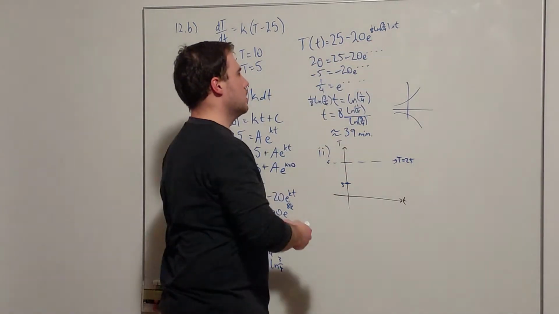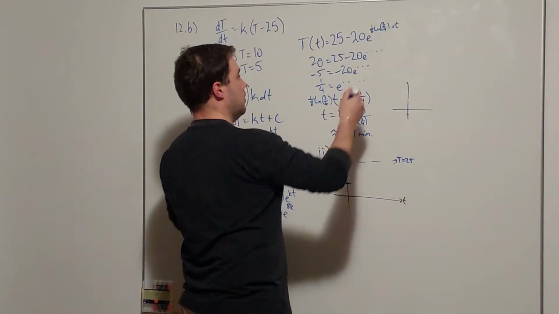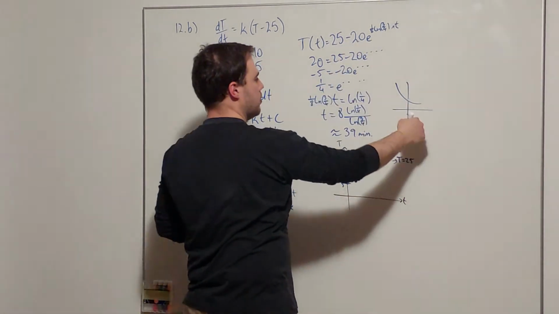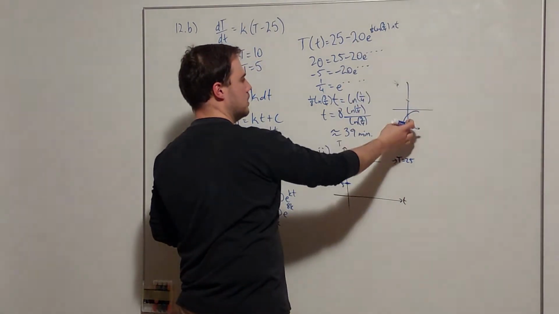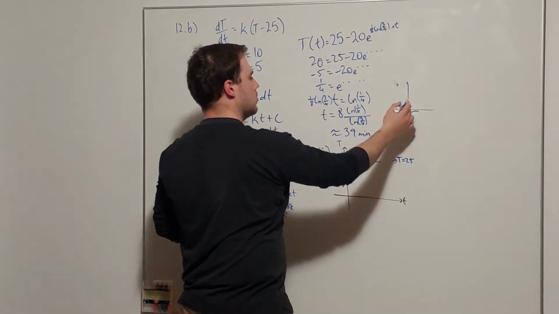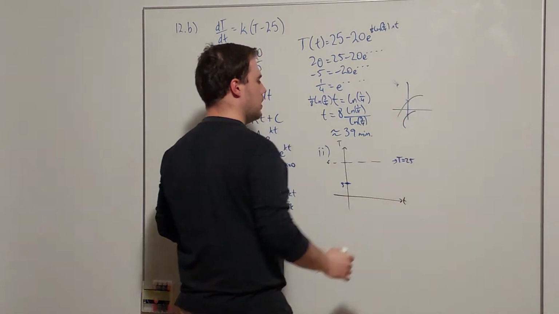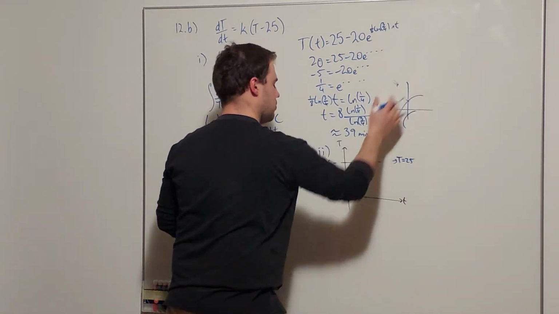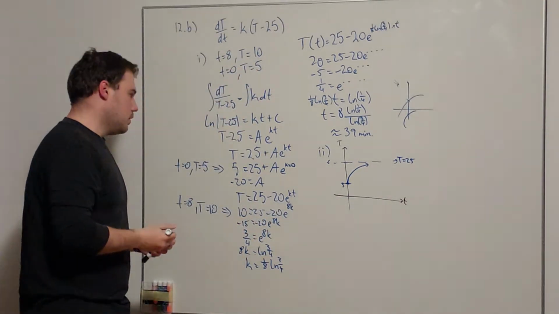So e to the negative is going to look like that, and then the negative in front is going to flip it over the x-axis like that. The times 20 is just going to scale it, and then the plus 25 is going to move it up like that. But we're only going from 5, so from this bit up to this asymptote that gets moved up there. So something like that.